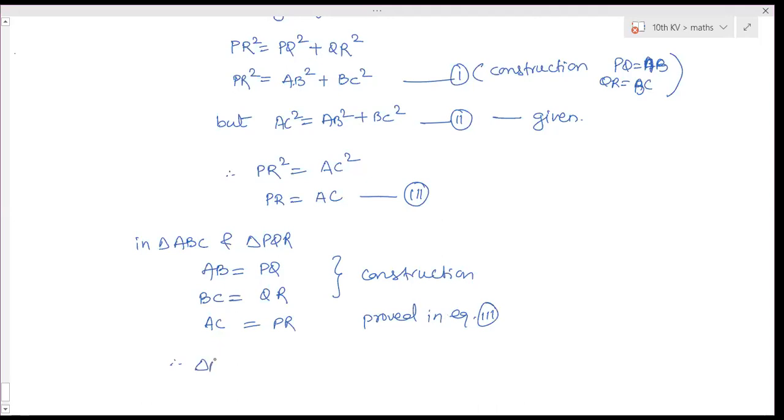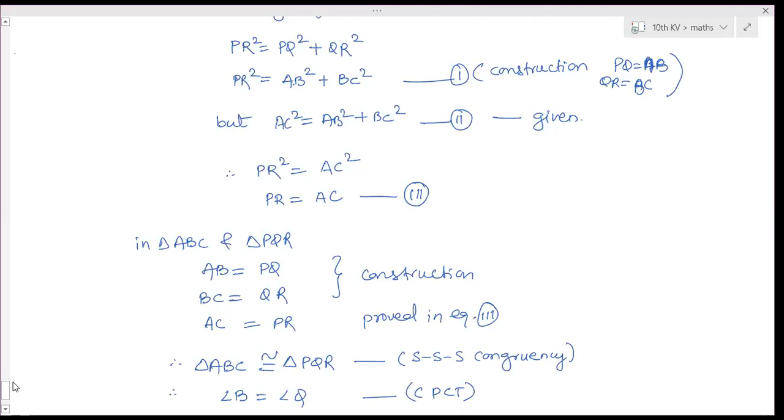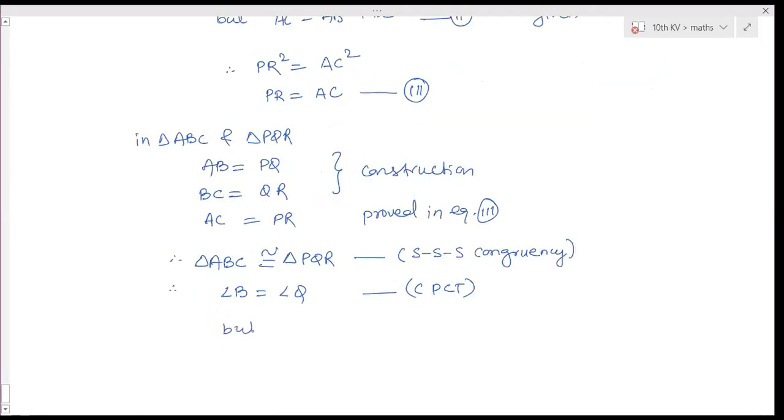Therefore triangle ABC is congruent to triangle PQR by SSS congruency. Therefore angle B is equal to angle Q by CPCT. But angle Q is 90. Therefore angle B is equal to 90, and therefore triangle ABC is a right triangle.